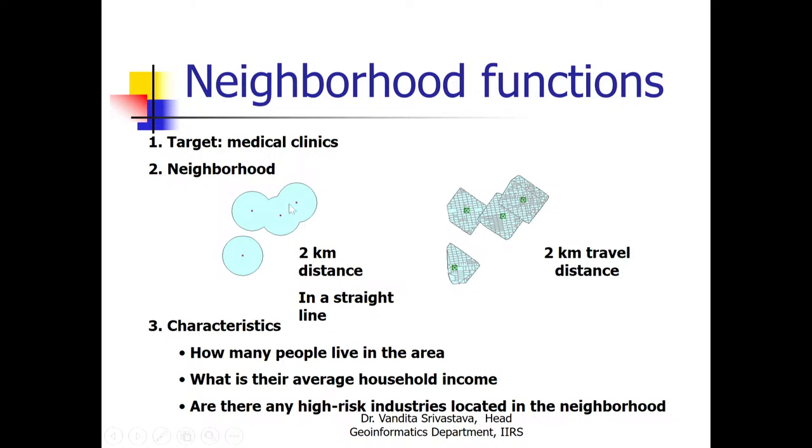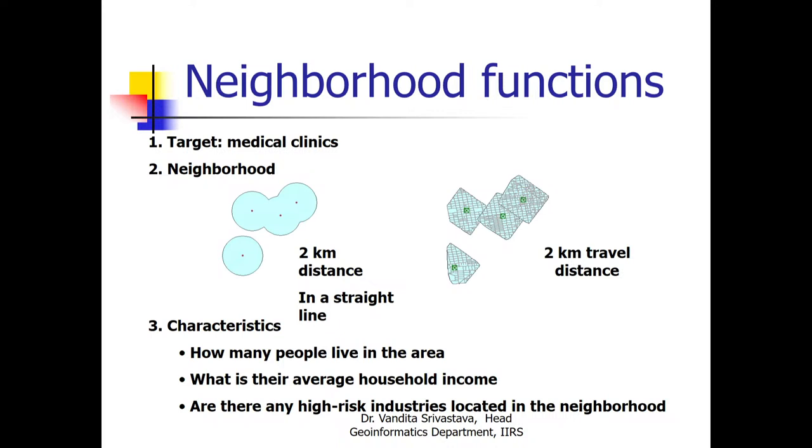But usually a buffer is an aerial expansion of features, whether it is a point, line or polygon feature. As an input, the output will always be a polygon feature. So these are some examples of situations where you will have the influence of neighborhood. How many people live in the area? I want to buy a land. How many people live? What kind of people live?